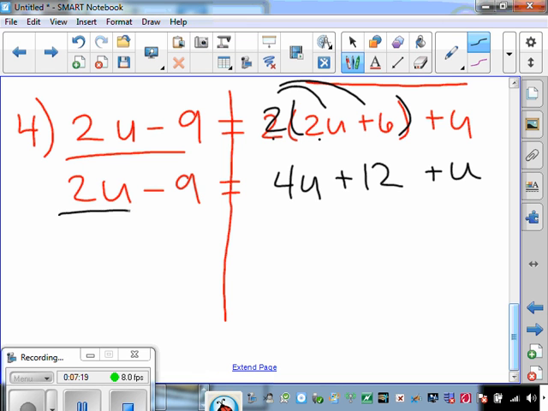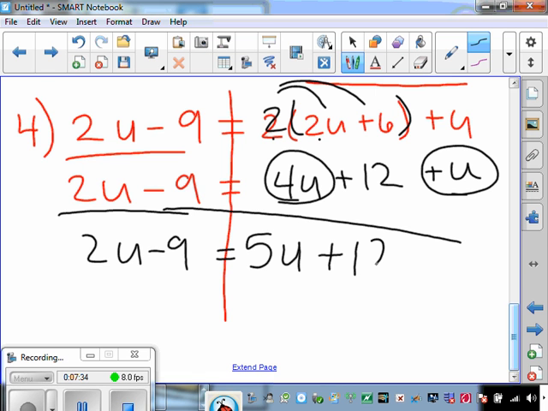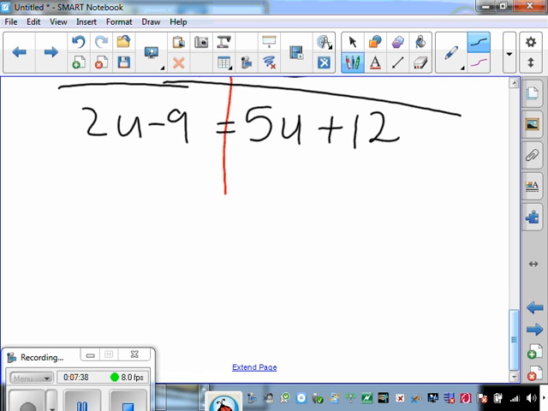So again, this side is as simplified as I can get it. On this side, I have like terms that I can put together. I can put a 4u plus u gives me 5u's plus 12. And now, each side is as simplified as it can get. Now I look at it as a whole.